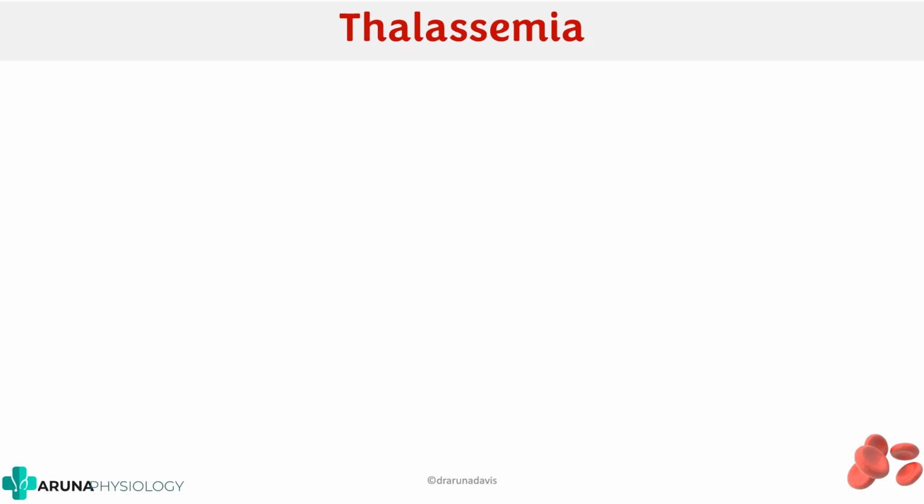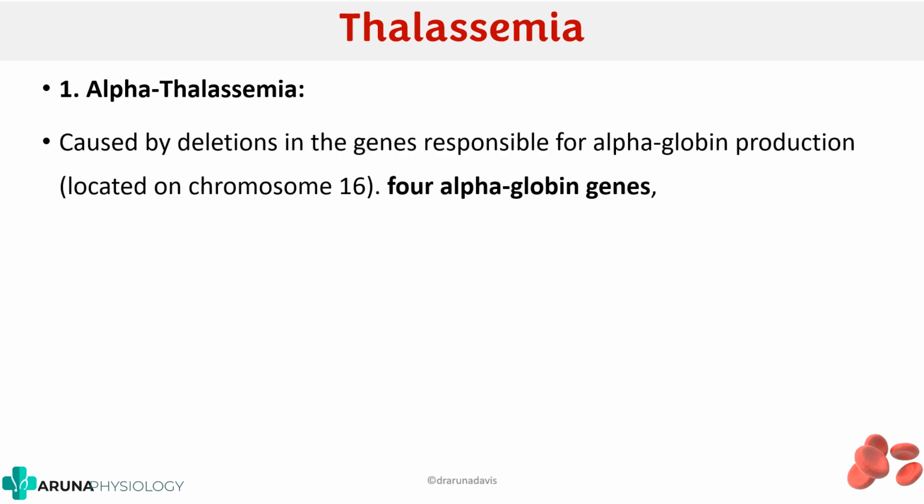So we can further classify each of these types of thalassemia. For the alpha chain, there are 4 genes responsible for the proper synthesis of alpha chains. Based on how many genes are present, based on the severity of the decrease, you can further classify alpha thalassemia.